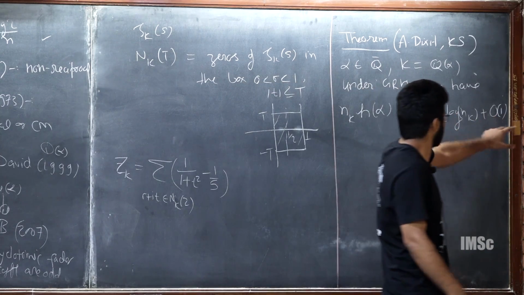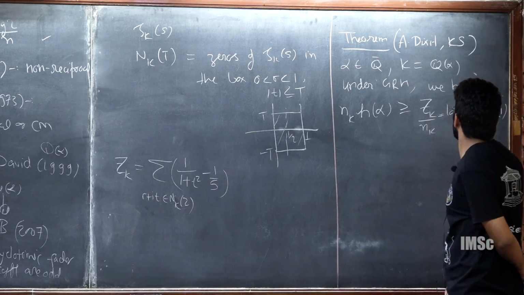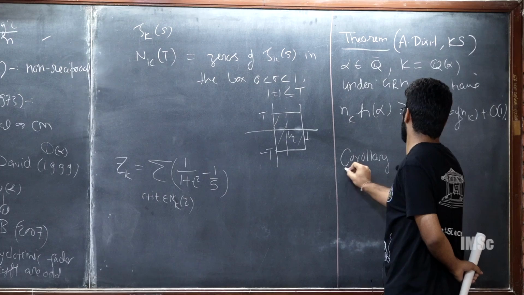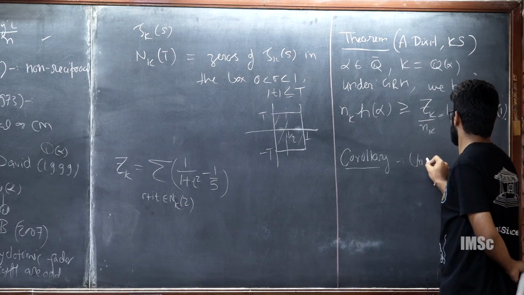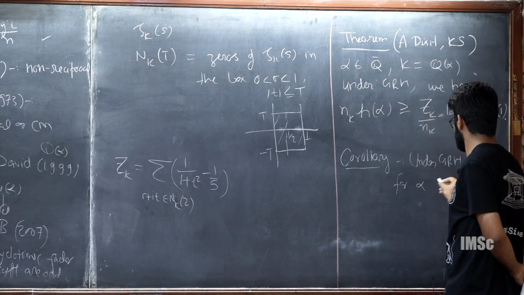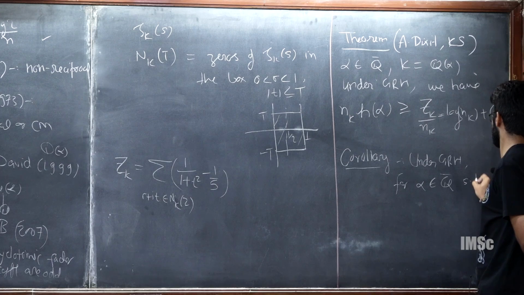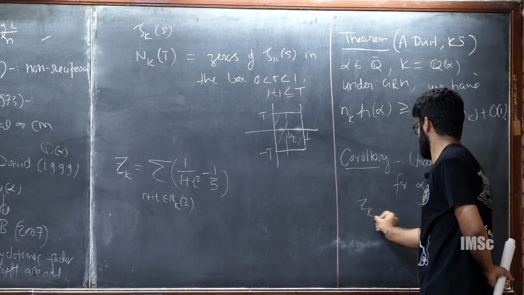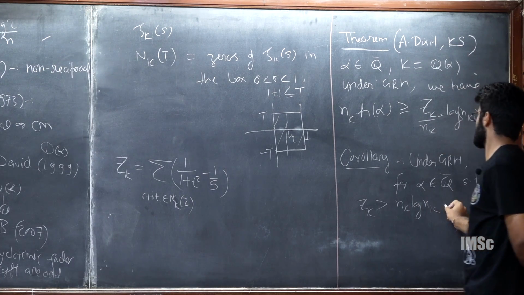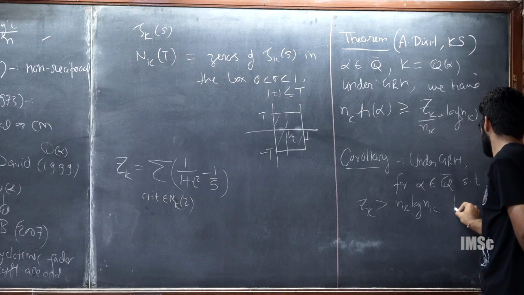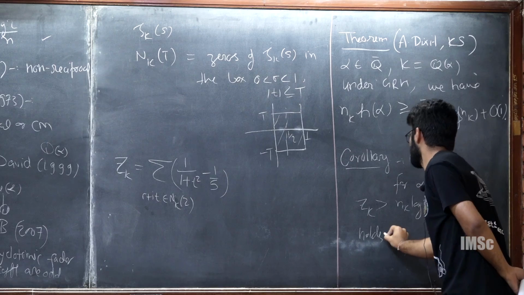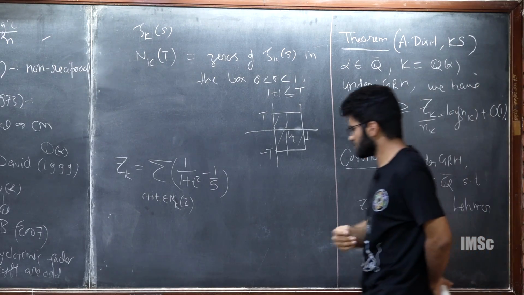So we have an explicit bound for this big O(1). As a corollary, under GRH, for alpha in Q bar such that Z_k is greater than N_k log N_k, for these numbers Lehmer's conjecture holds. This can be seen immediately from this theorem.